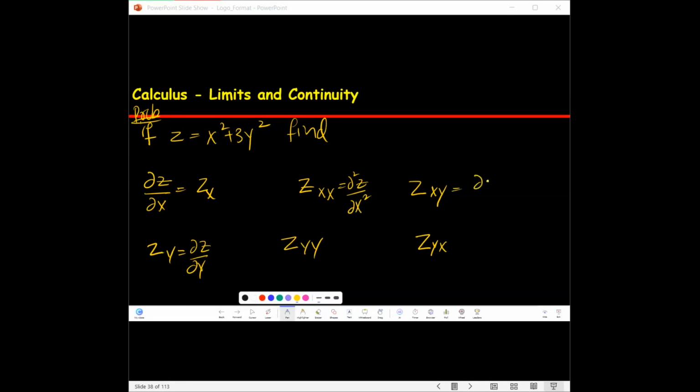This one, we're going to write with dz, taking the derivative with respect to x, and then outside would be y, right? So that's why you're writing just like that.